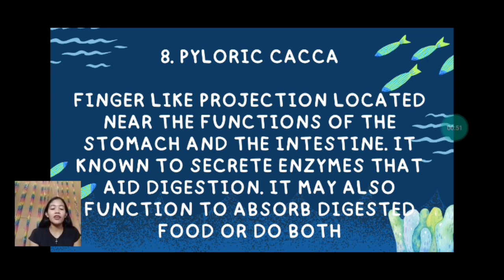The pyloric ceca of fish are small, finger-like structures that increase the surface area for nutrient absorption and aid in the digestion and absorption of food. They also play a role in the production of digestive enzymes to facilitate the breakdown of food particles.